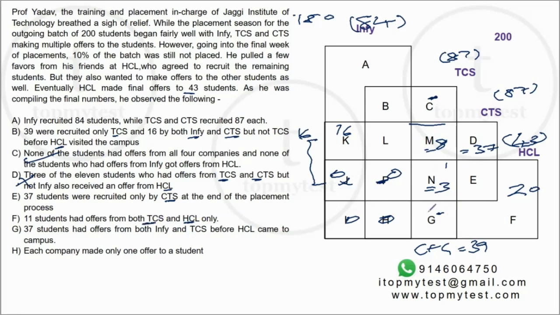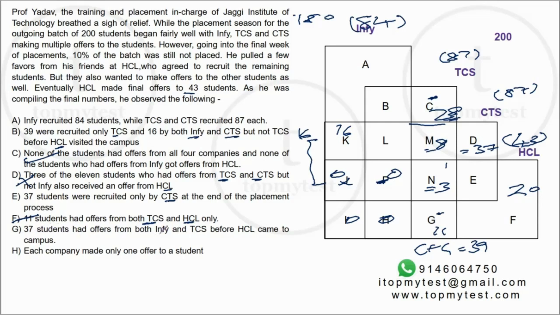So G will be 11, which means C should be 28, 39 minus 11. This is also taken care of.